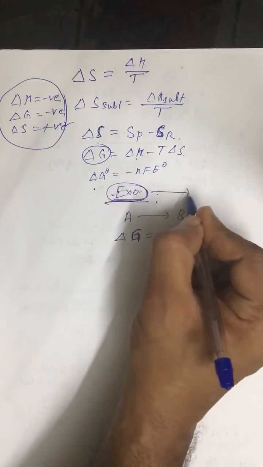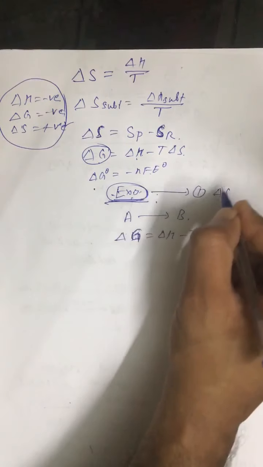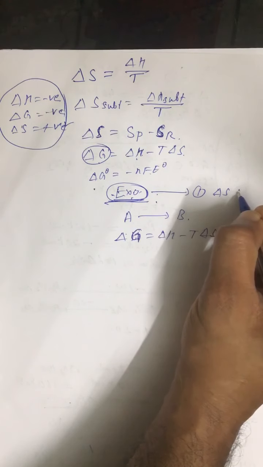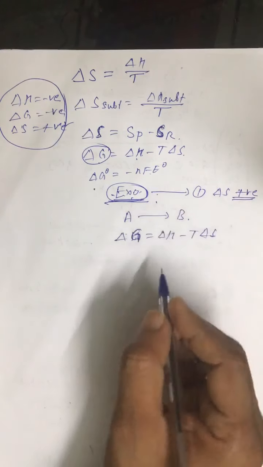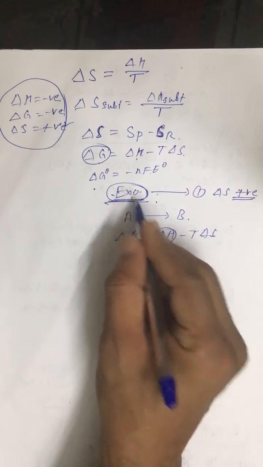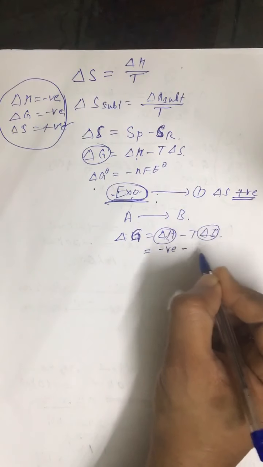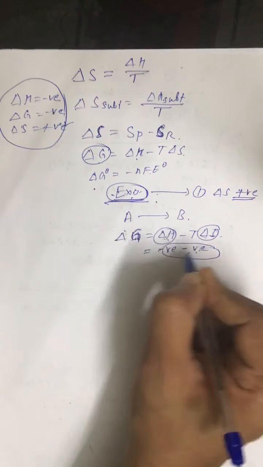Now in this case, the first condition is, suppose ΔS is positive. So ΔH is negative, that means exothermic, and this factor is positive, that means we always get a ΔG with negative sign.